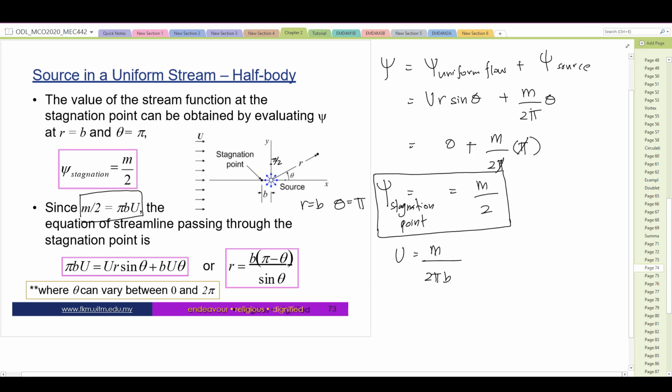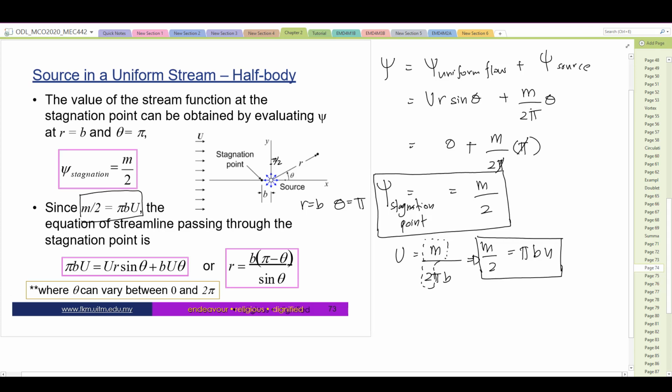So m over 2 equals pi b U. This is where we got pi b U.